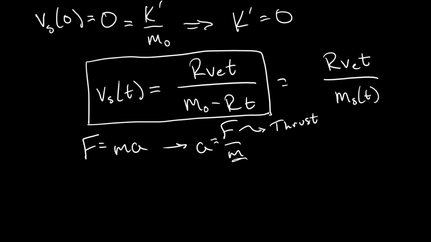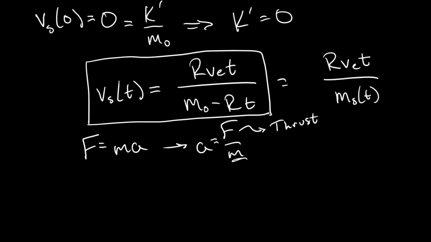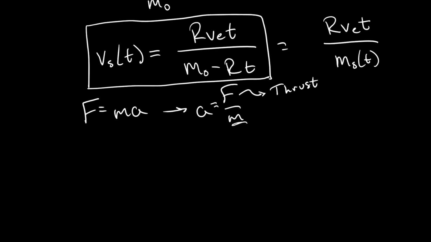Now, before I show plots of this, we should check one quick thing, and that is that the conservation of momentum isn't destroyed. So we know that the momentum of our ship at any given time is equal to the mass of the ship times the velocity of the ship.